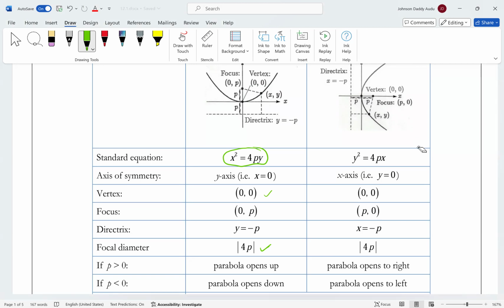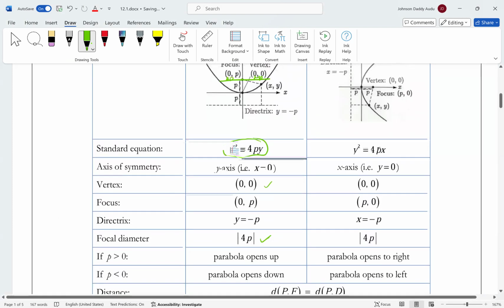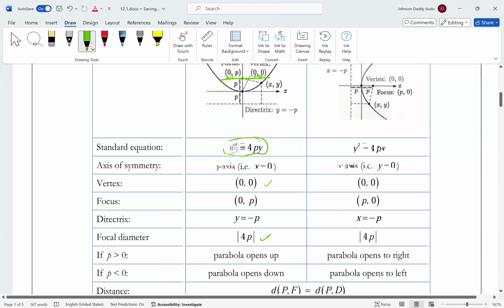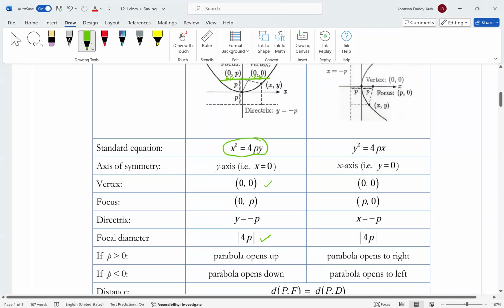So if you want to find the focal diameter, it's just this distance here. So this is going to be 2p, and this is going to be 2p. So that will be a distance of 4p. Now, for here we have that if p is greater than 0, it opens up. If p is less than 0, it's going to open down.